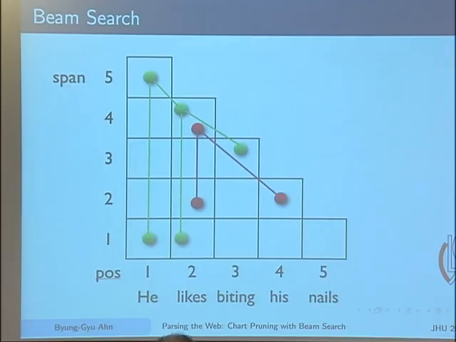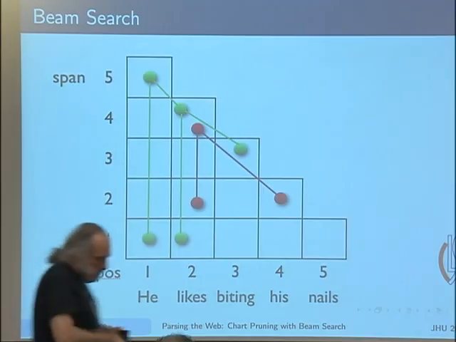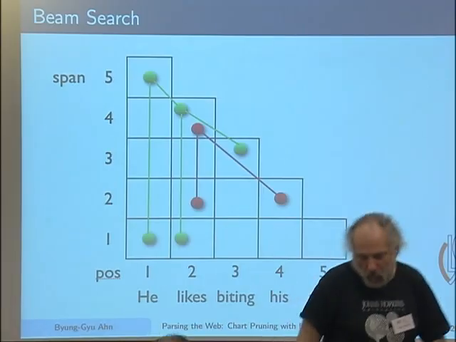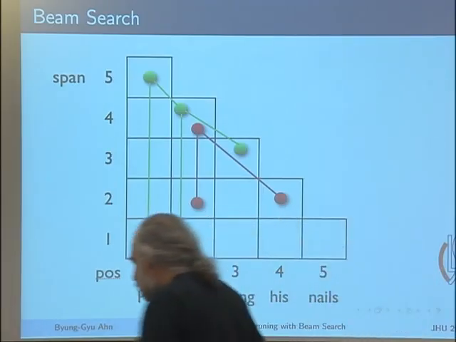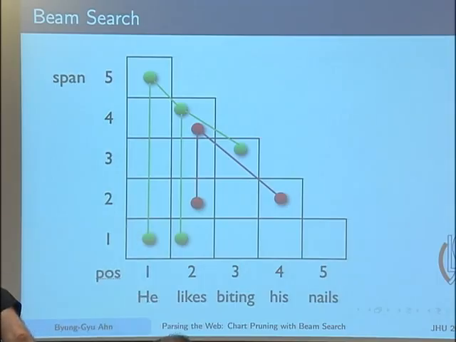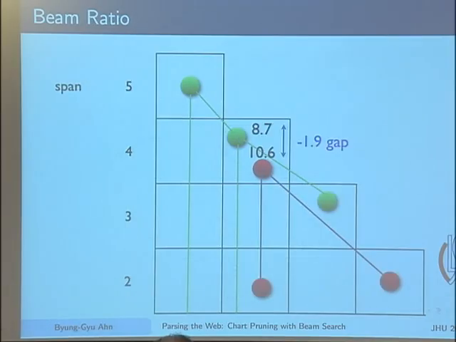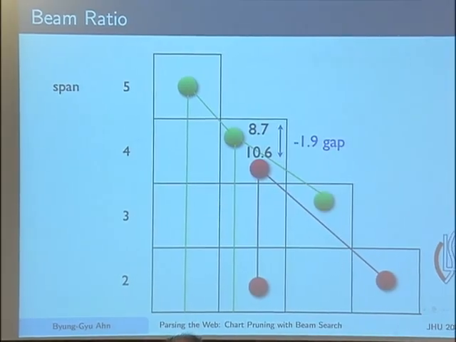And each circle here corresponds to a constituent in the cell. Usually the constituents are combined from two constituents in the lower cells. So look at the cell 2,4. And those two constituents have scores.